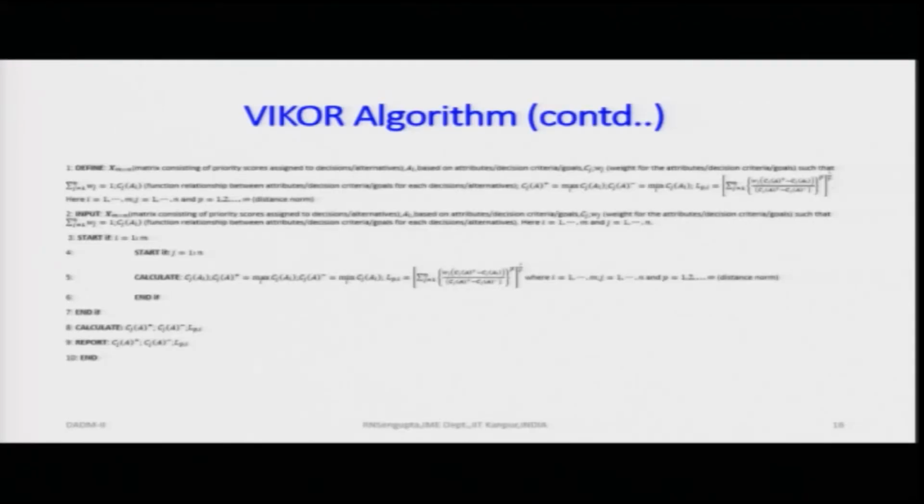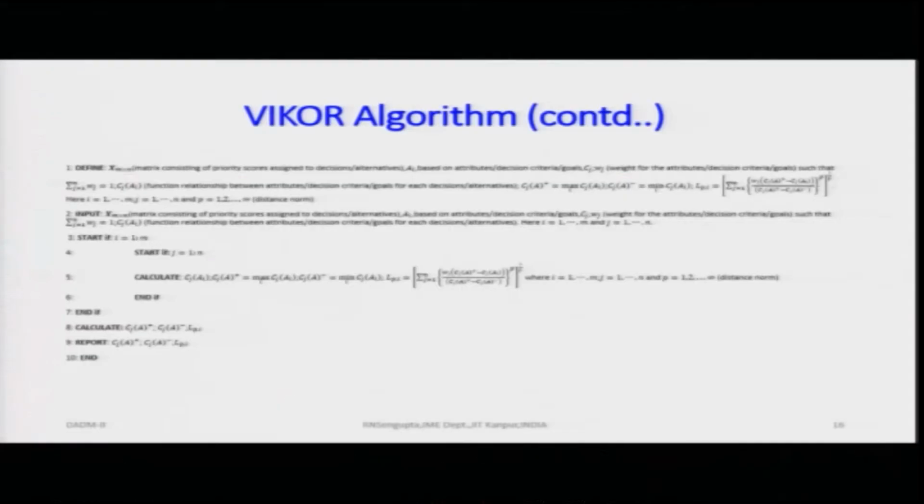So, I would not go immediately to the define step, which is step 1, I will only go to the input and then go back to it, once I finish the overall algorithm on the flow process, I will go back to the defining state, which is the first one. So, as usual you will have two sets of matrices. One is the x1, which is of dimension m cross n, which are the priority values which you have for each and every criteria and each and every alternative.